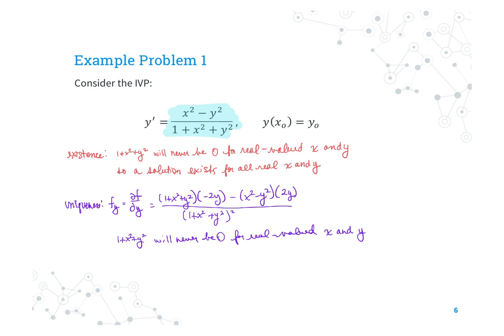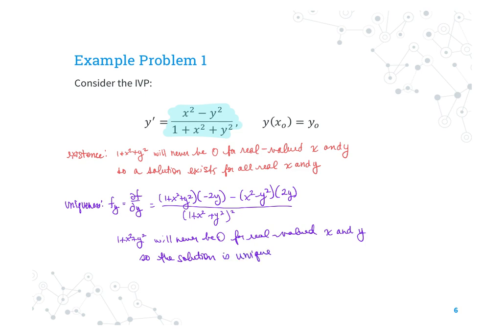So in this case, since 1 + x² + y² will never be 0 for real valued x and y, then we can say that f sub y is continuous, so the solution is unique.